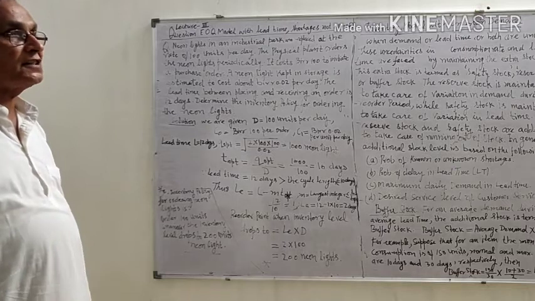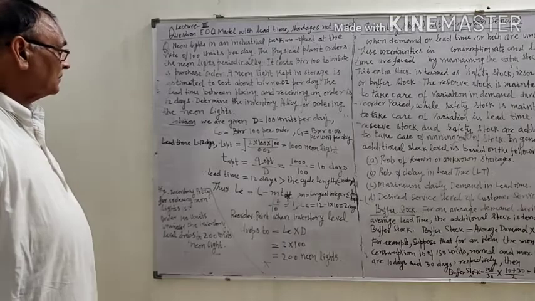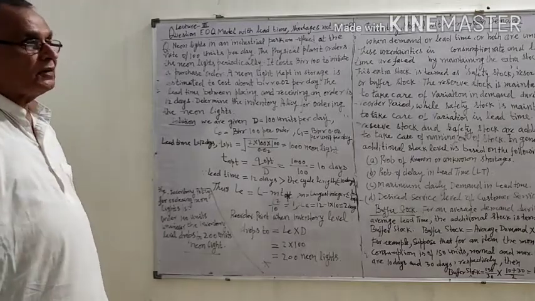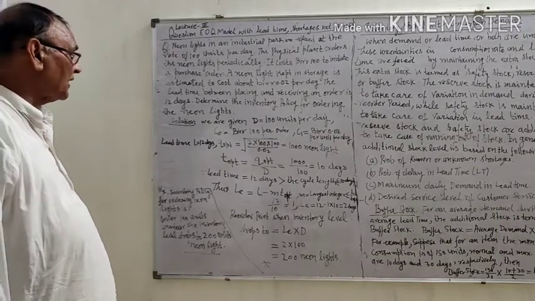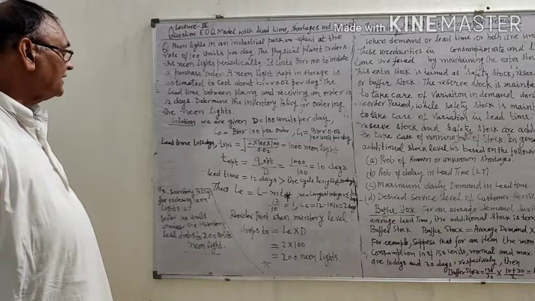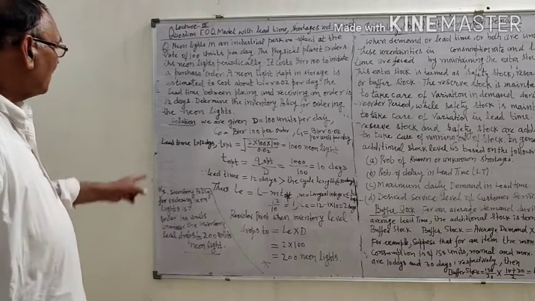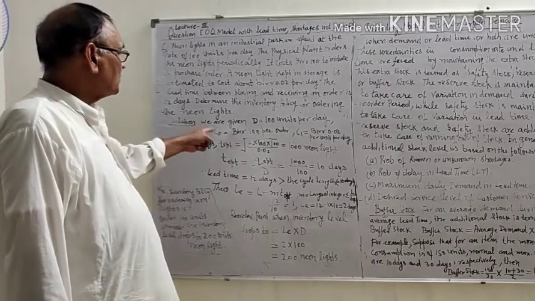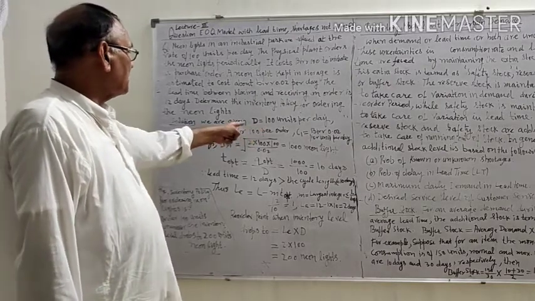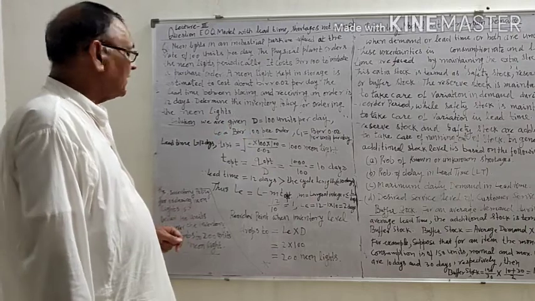If the lead time is more than the cycle time, then we have to define this LE. Lead time is 12 days, C0 this, C1 this, and D is equal to 100 units per day.